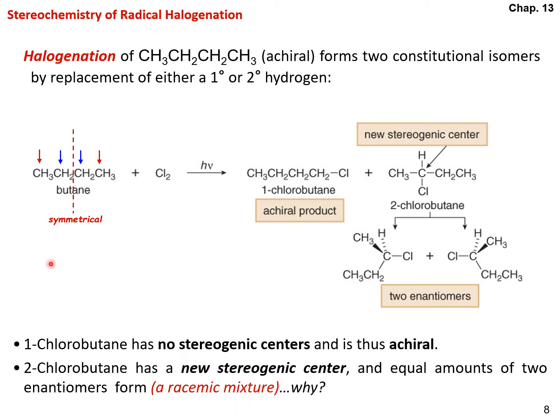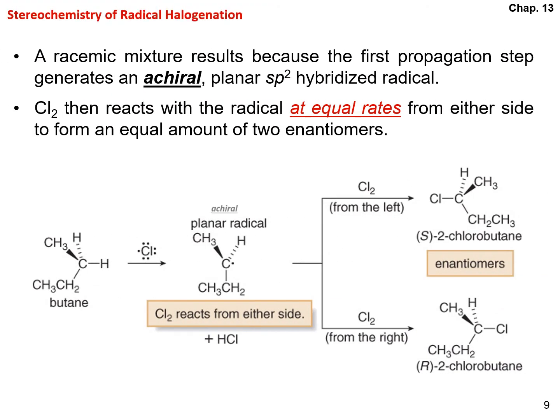So why is it that you get a racemic mixture, a 50-50 mixture of 2-chlorobutane? The reason is that in the first propagation step, when the chlorine radical abstracts a hydrogen off of the carbon, you end up with an achiral planar radical. Remember, this is sp2 hybridized, so it's planar. In the second propagation step, this radical will react with a molecule of chlorine to generate 2-chlorobutane and another chlorine radical.